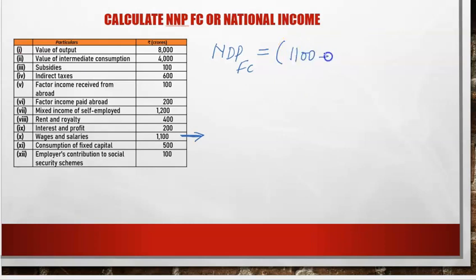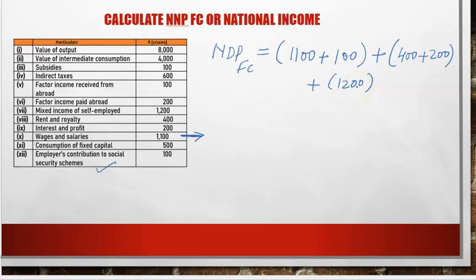And I told you employers contribution also has to be taken. So ये हो गया हमारा COE. Coming to operating surplus, rent, interest, profit, royalty. If you see item number 8 and 9 together, they are the 4 components of operating surplus. It comes to 600. And last, mixed income is given as 1200.